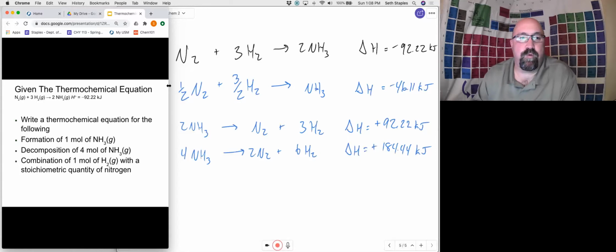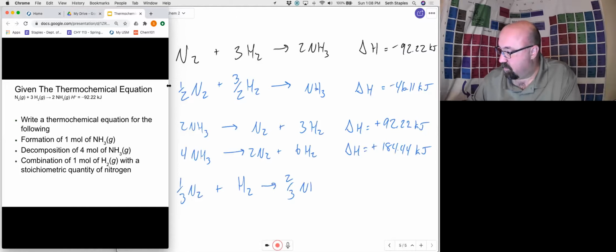Then as a last example, say we want the thermochemical equation for 1 mole of H2. If we're only adding in 1 H2, that means we have to divide everything through by 3. And so we would have 1/3 N2 plus 1 H2 giving us 2/3 NH3.